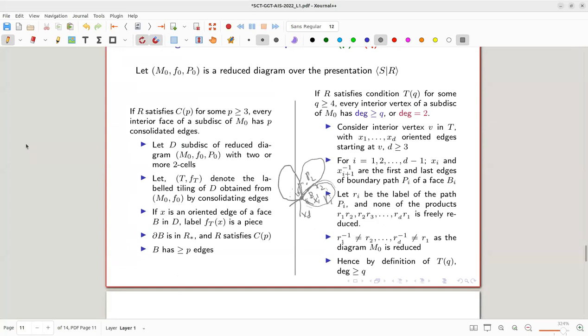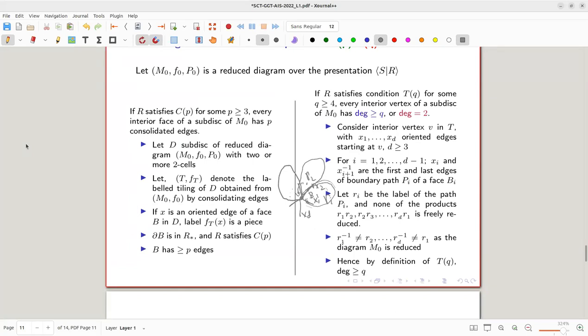So none of these products are freely reduced, right? Do you understand? None of these products are freely reduced. If they were freely reduced, then you would not have these common portions, right? These edges.